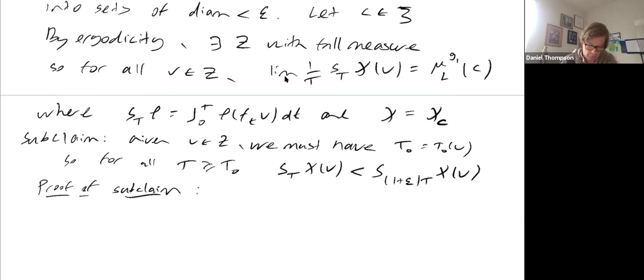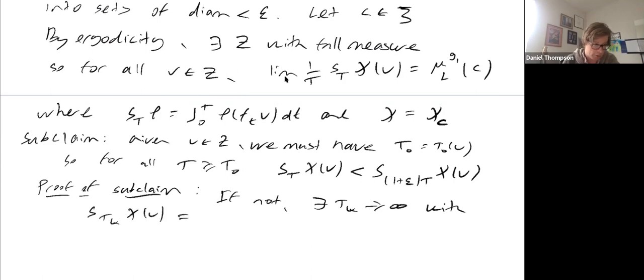So if this wasn't true, then there exists a sequence t_k going to infinity with S_{t_k} chi of V equal to S_{t_k(1+epsilon)} chi of V, right?